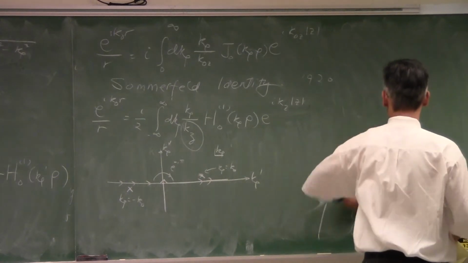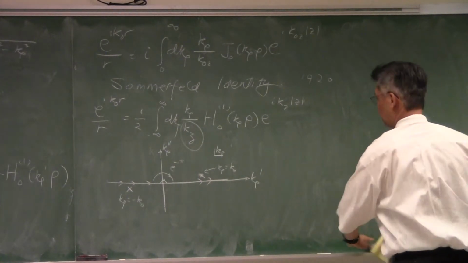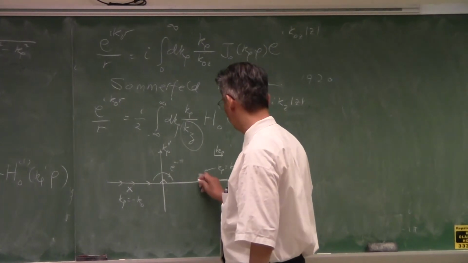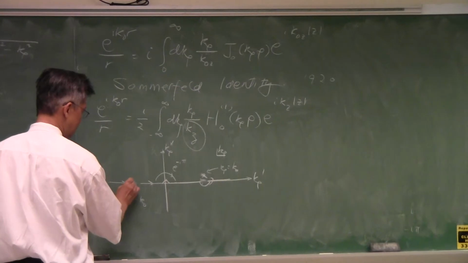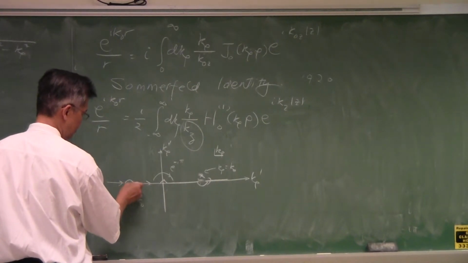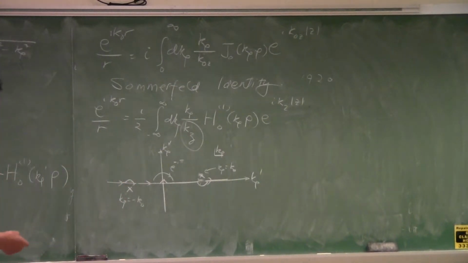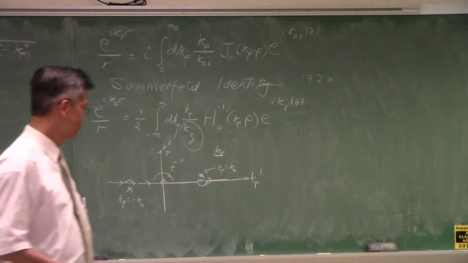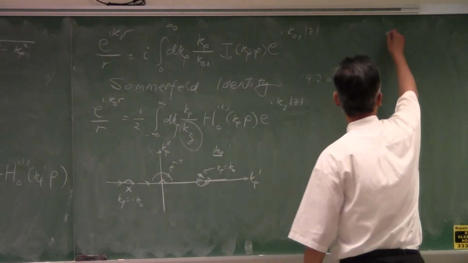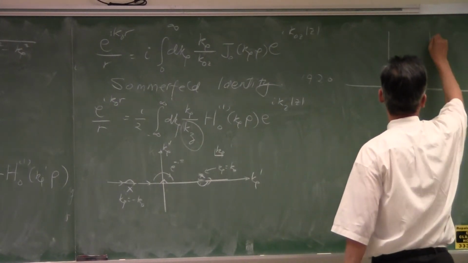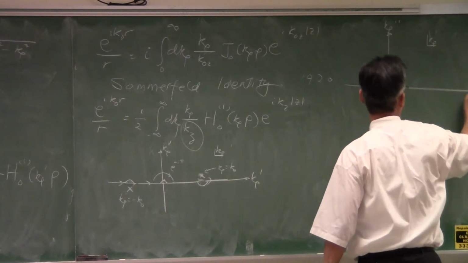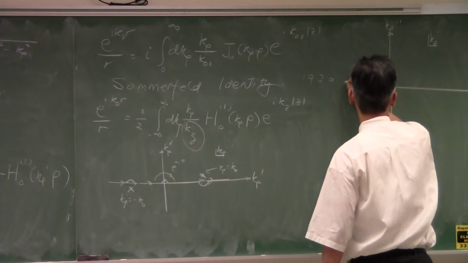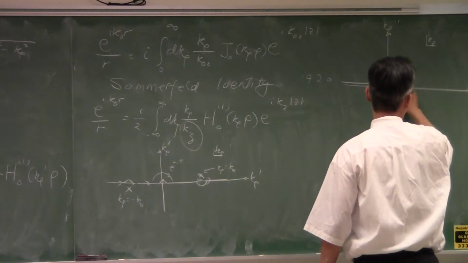And of course you can be clever about it. You can define the contour so that it gets deformed like that, it can deform like that, so that even in the limit of vanishingly small loss and no loss, the integral is still well defined. And Sommerfeld, of course, has his way of defining this. He said, why don't we define the path just to be like this?